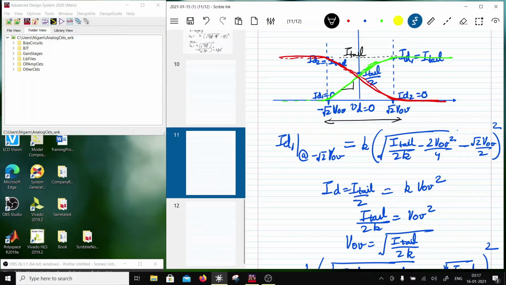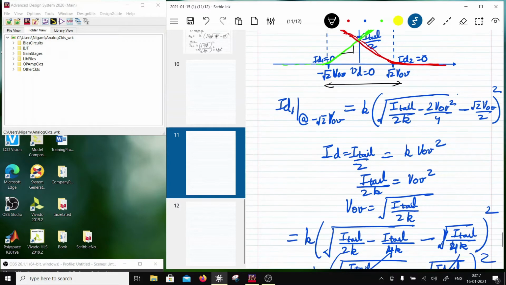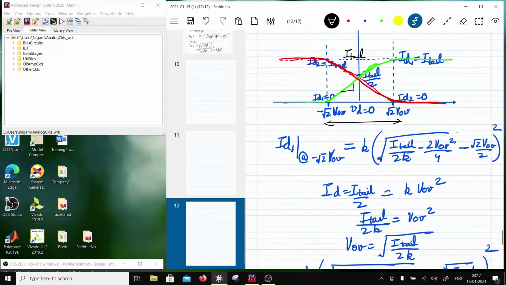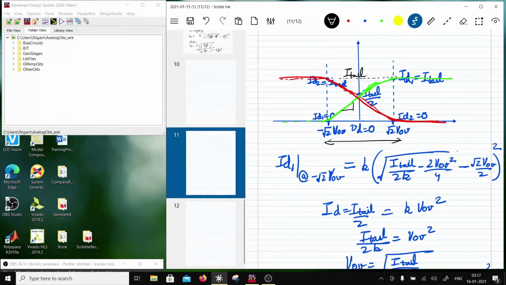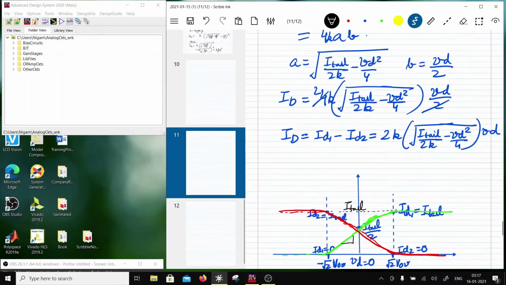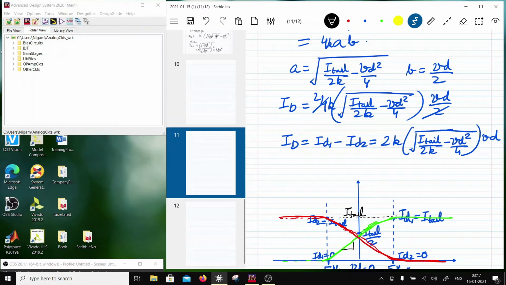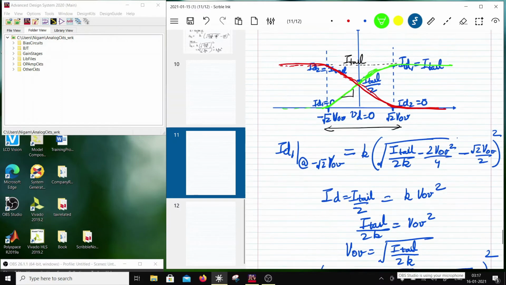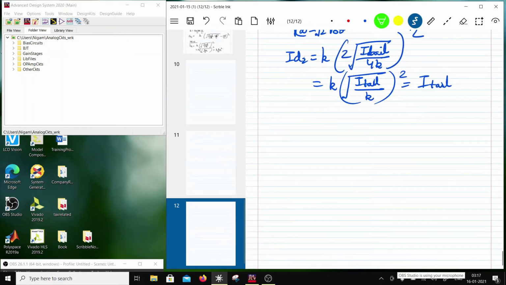So basically if you want a higher conversion gain, then you are going to lose input voltage range. So this is what the translinear cell says. Just keep in mind this response of a translinear cell, and also keep in mind this thing, which is id, the difference of current, is equal to this thing.